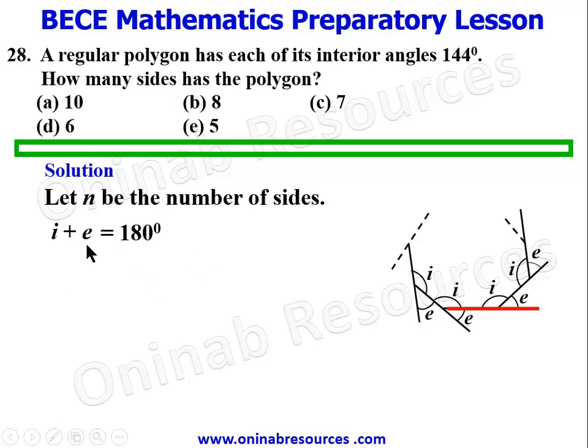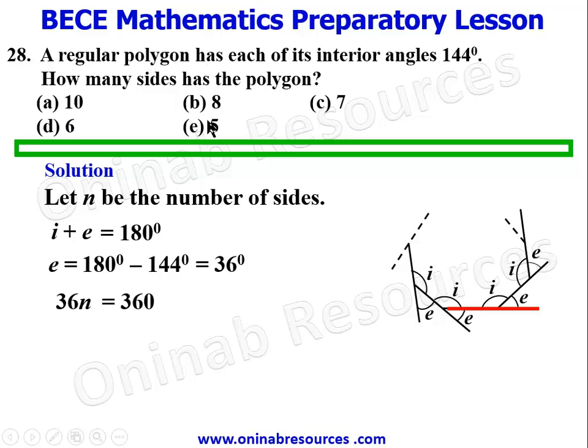And if you know that, we can now say E is equal to 180 degrees minus 144 degrees. That gives 36 degrees. Since we have each of the exterior angles to be 36 degrees, and we know that the sum of exterior angles of any polygon is 360 degrees, we can now say 36 times n is equal to 360 degrees.